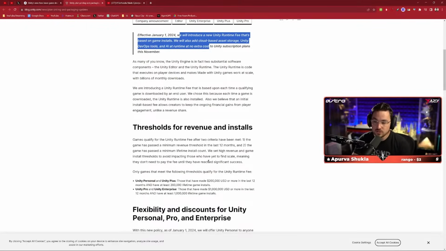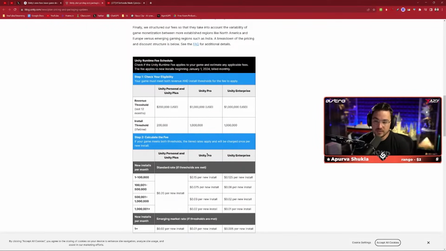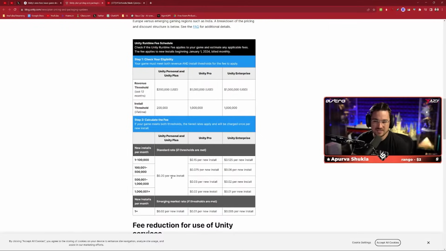As to whether it applies also to reinstalls is not clear. They define it as new installs, so I would assume that is per unique device. Like if something is installed on an Xbox and a PC and a Steam Deck, that would be 3 installs. And if you deleted it and reinstalled it, it would still be 3.